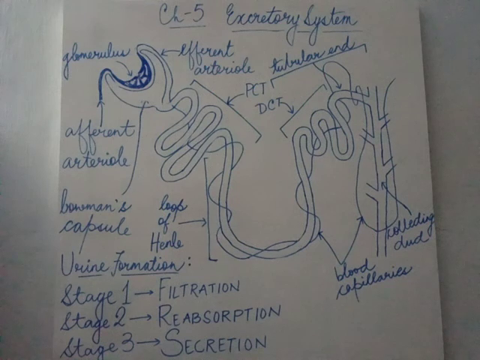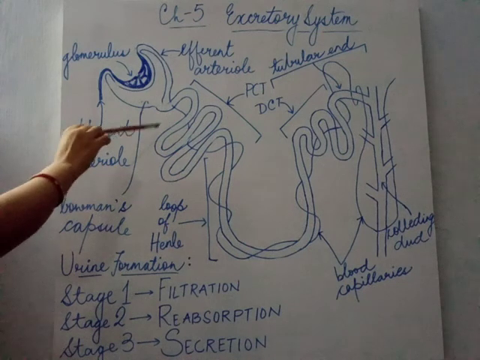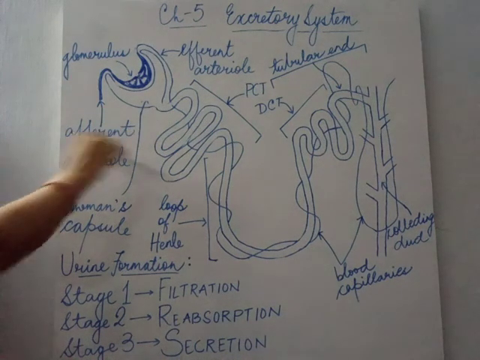What is the need of reabsorption? If these essential or useful substances are not reabsorbed, there will be a scarcity of them in our body or in our blood, which is not good for us. So reabsorption is also a very important stage, so that the levels of chemicals in the blood remain constant.